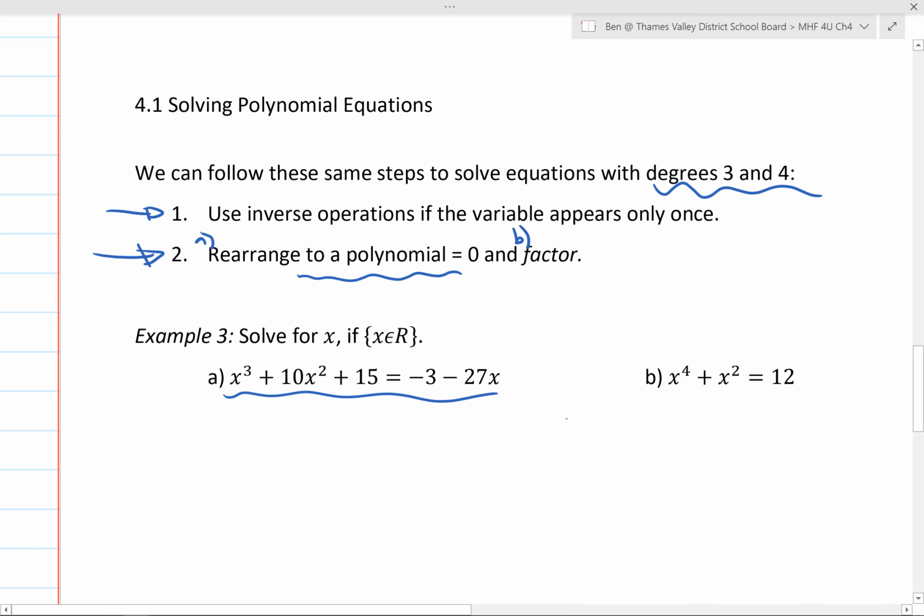So we can take a look here. Okay, how many terms do I have in total? I have 5. Right, I have 1, 2, 3 on the left side, 4, 5 in total. Now we can rearrange this so that it's a polynomial equal to 0. Okay, nice and easy. I see 2 negative terms over here. I can add them to my other side. So that means I'm working with x cubed plus 10x squared plus 27x plus 18 equals 0.